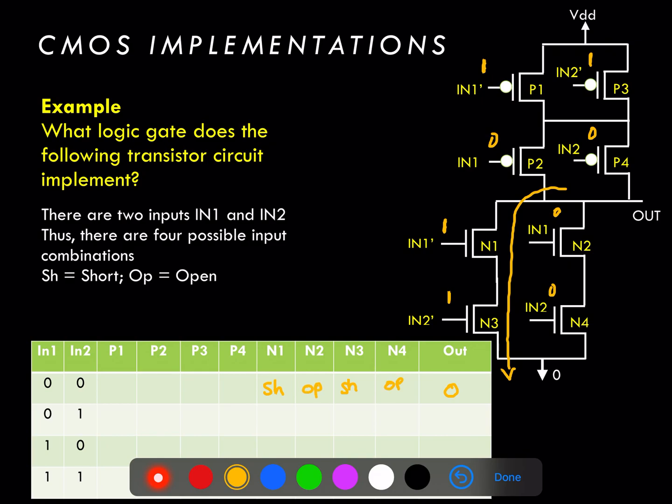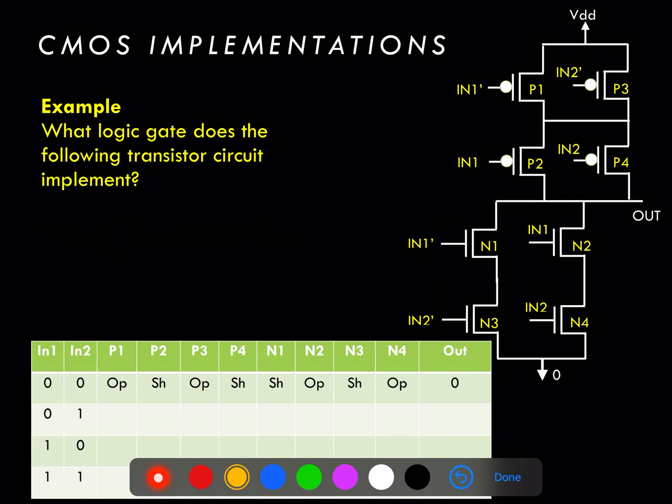The transistor P1 is acting as an open circuit, P2 is acting as a short circuit, P3 is acting as an open circuit, and P4 is acting as a short circuit. So that gives us the first line of our truth table. We can do something similar for the remaining two lines.